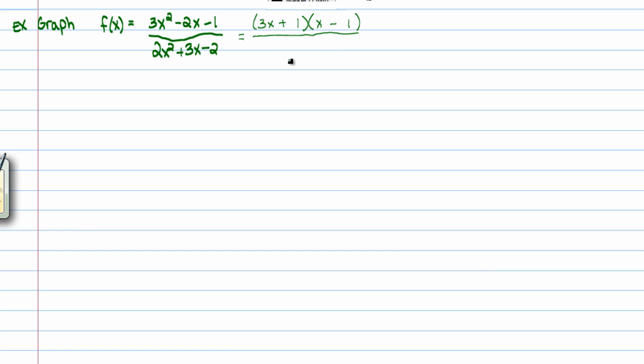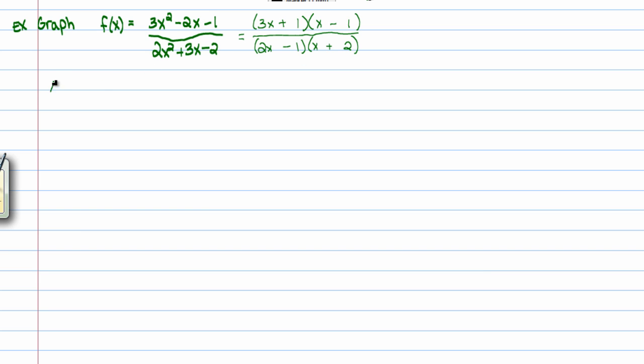The denominator will factor 2x times an x. And let's see, two numbers that multiply to 2 would be a 2 and a 1. And we want a positive 3, so we'll make that a positive, and this is negative. Okay.